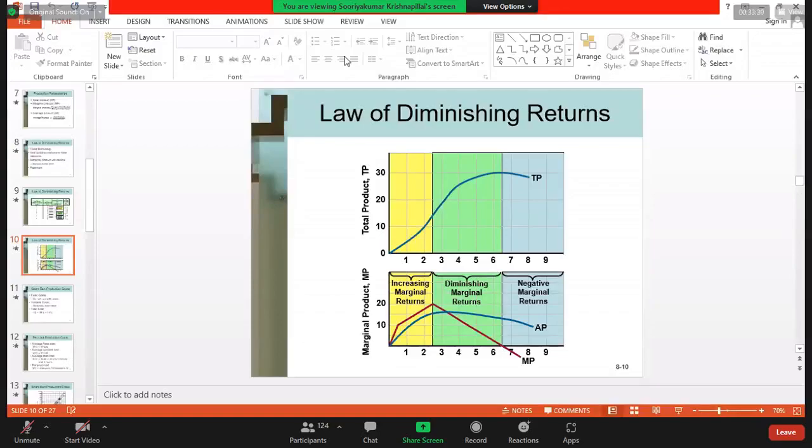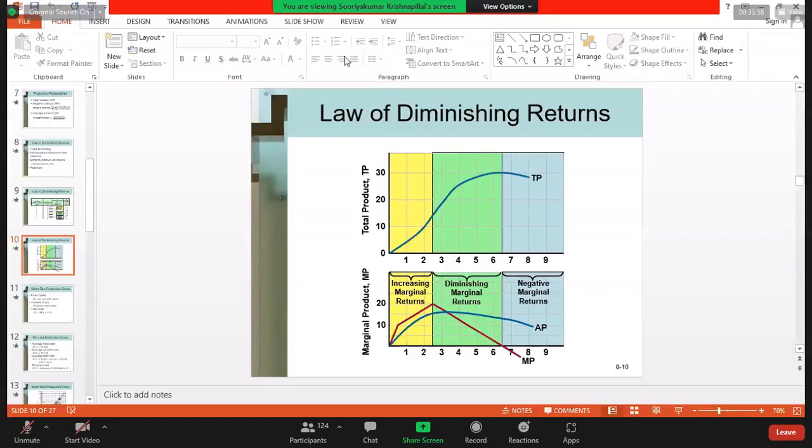If total production increases, initially at an increasing rate, then at a decreasing rate, then decreases, total cost or total variable cost both increase at the decreasing rate initially, then after a certain point increase at the increasing rate.